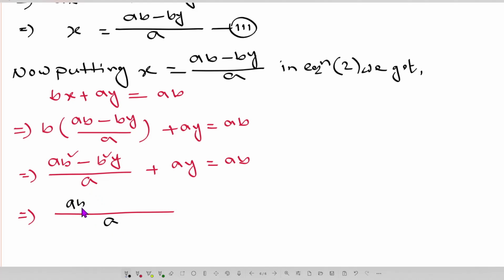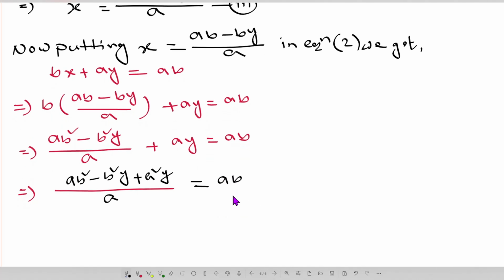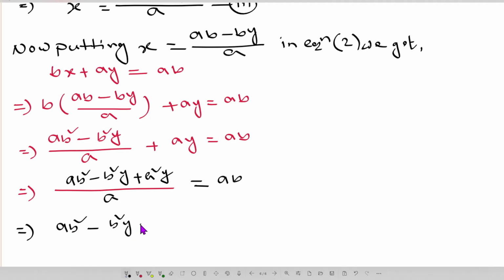So here is ab square minus b square y plus a square y, right? equals a b. Then we can do cross multiplication, so here will become a square b.